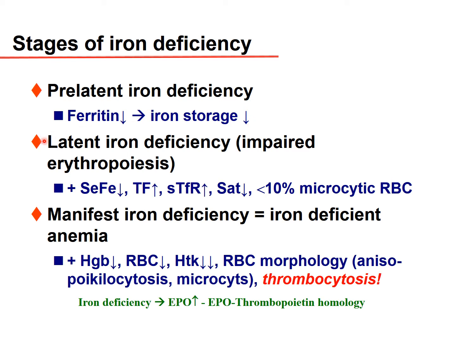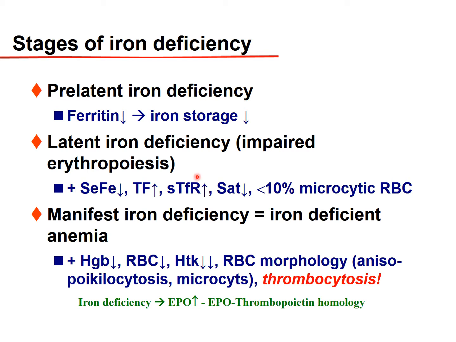Later on, we do have the latent iron deficiency, and then we do have an impaired erythropoiesis already. So the serum iron level decreases, the transferrin level increases, the soluble transferrin receptor number increases, meaning that in the periphery we do have iron deficiency.